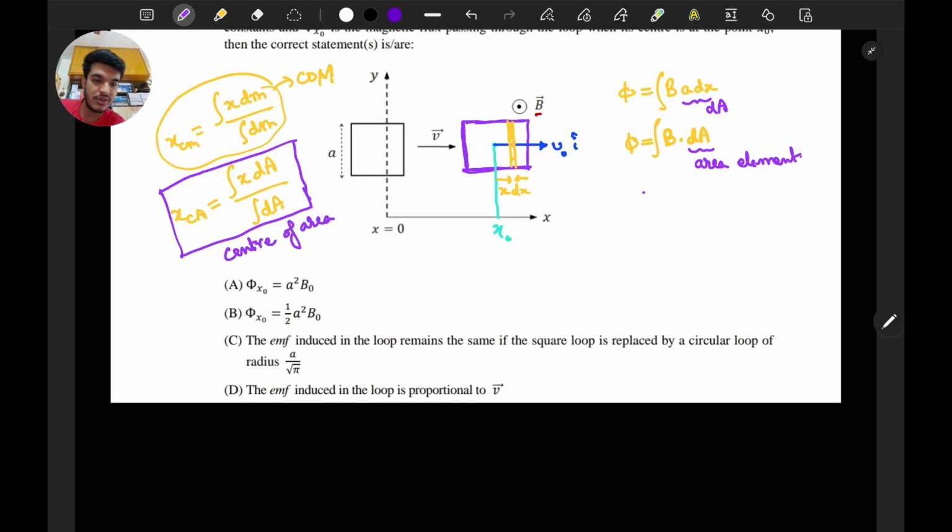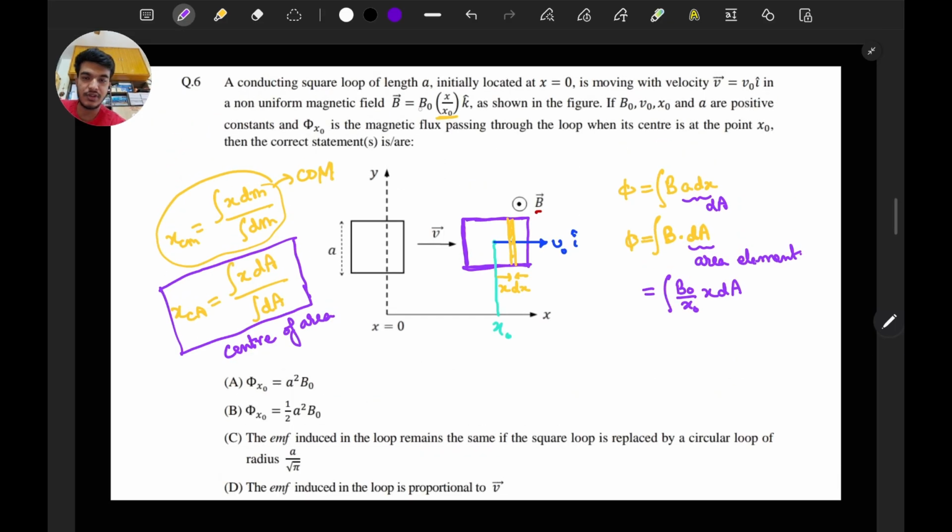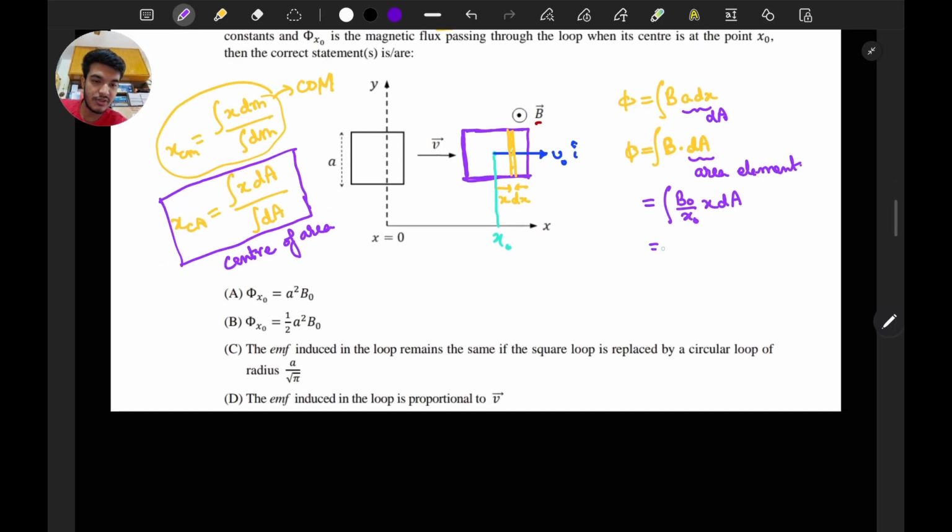So if I use this here, my expression becomes an integral. The function of b was b naught by x naught times x, integral of x dA, right? The function was given already. Now b naught by x naught is constant, so what I have is integral x dA.